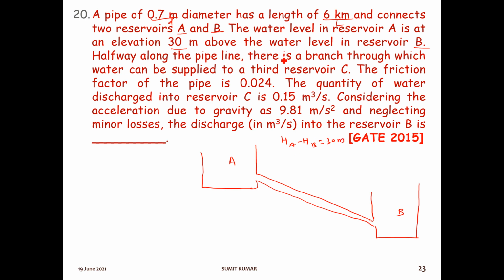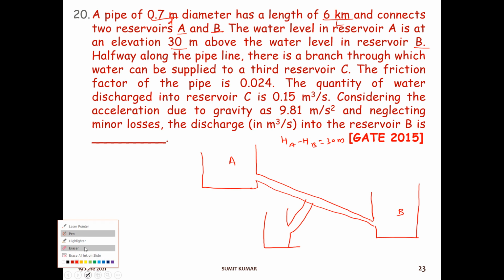Halfway along the pipeline, there is a branch through which water can be supplied to a third reservoir C. Halfway along means at the midpoint there is another pipe going into another reservoir, that is C.